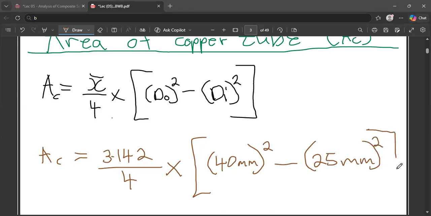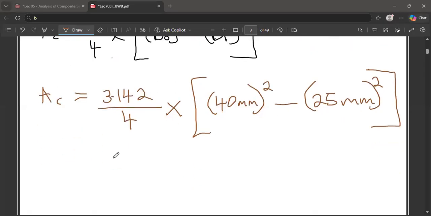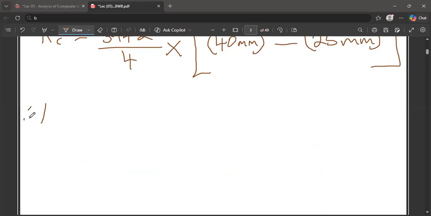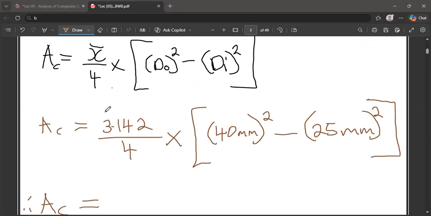So finally, the only thing we are going to do is punch this into the calculator, and now we can get our answer. So you see that therefore the area of our copper tube is equal to this. Everybody, let's quickly punch this together.